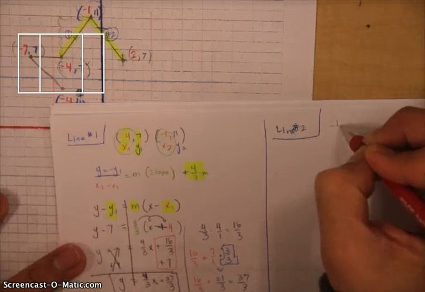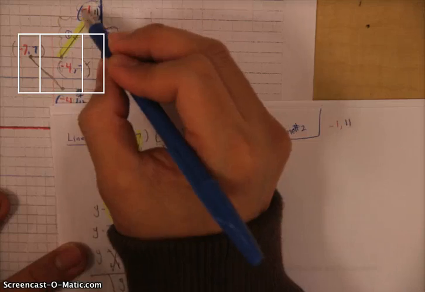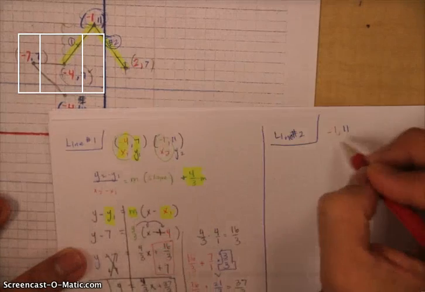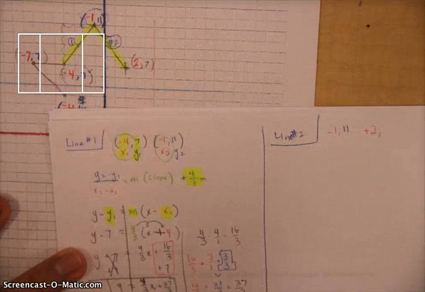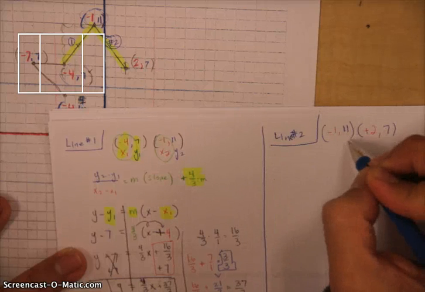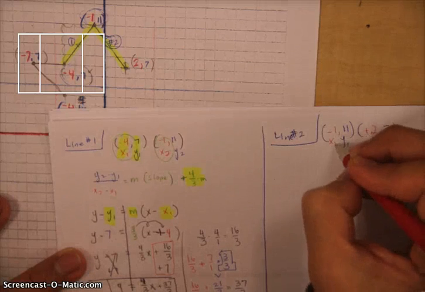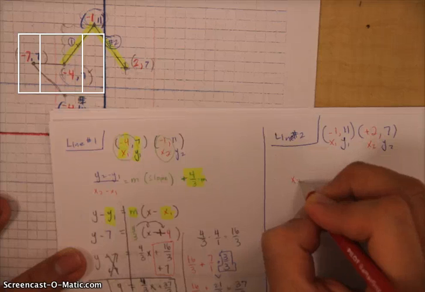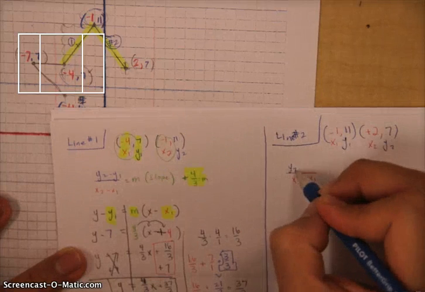Negative 1, 11 is the first point, and my second point is going to be this one, positive 2, positive 7. I have my y1, y2, x1, and x2, so y2 minus y1 over x2 minus x1.